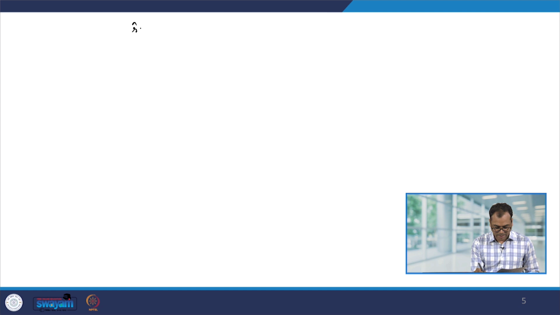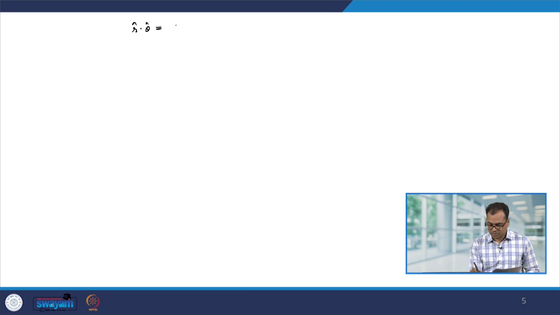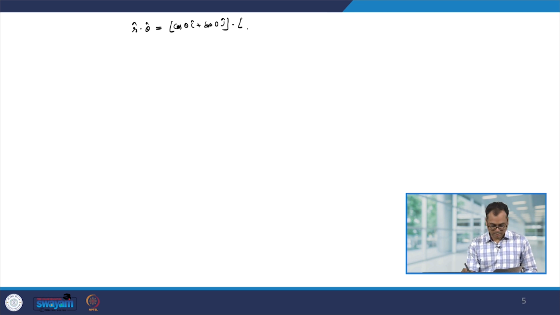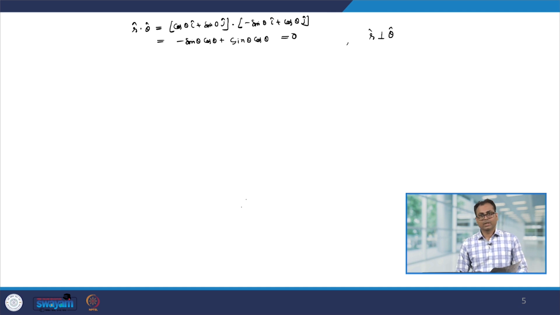So let us take r cap dot theta cap, where r cap from equation number 2 is cos theta i plus sin theta j, and theta cap is minus sin theta i plus cos theta j. It comes out to be minus sin theta cos theta plus sin theta cos theta, which is indeed 0. So that means that r cap is perpendicular to theta cap.